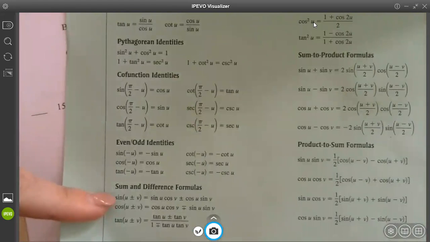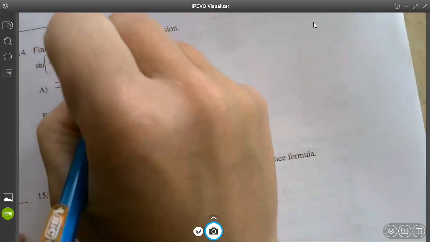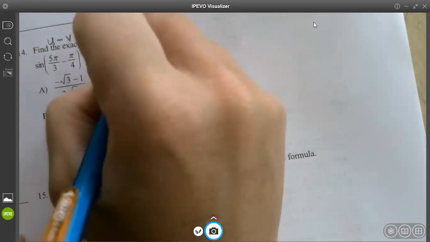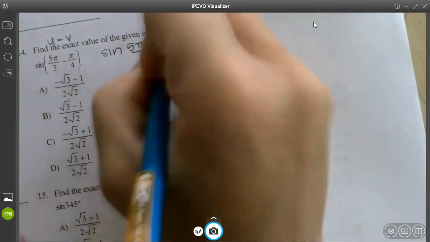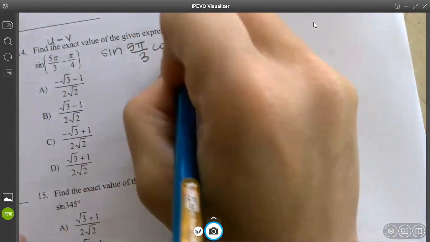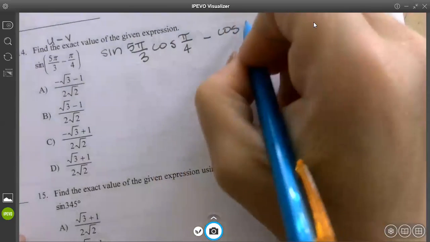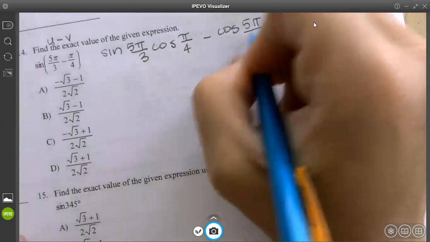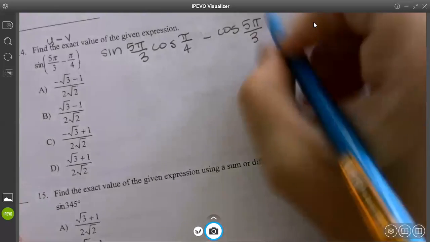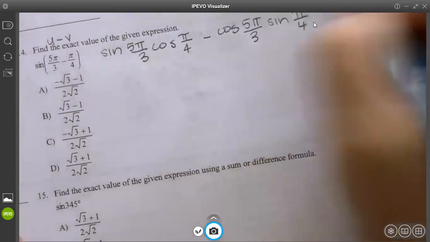Sine U minus V down here at the bottom. So sine, what was U? Cosine V. It's a minus. Cosine U was 5 pi over 3, and then sine V pi over 4.